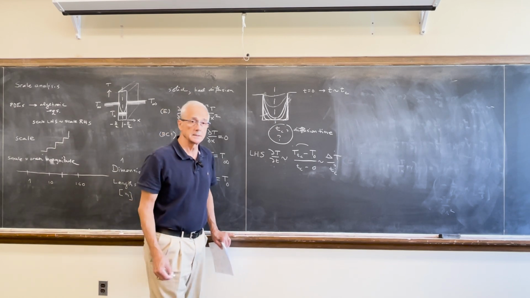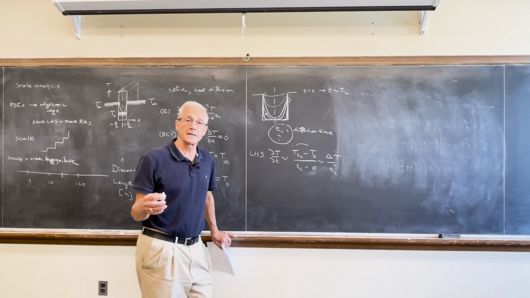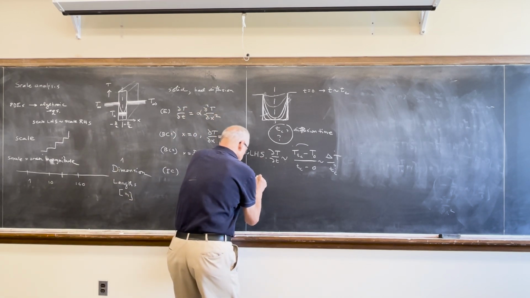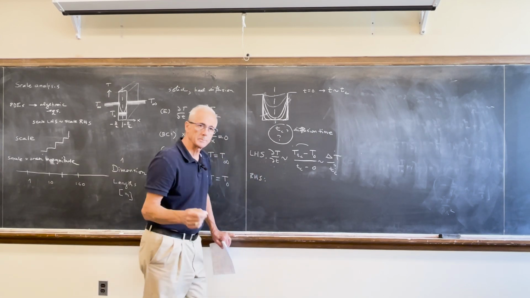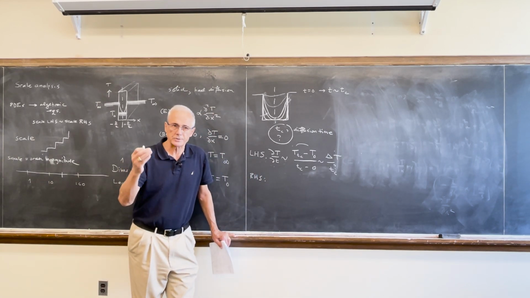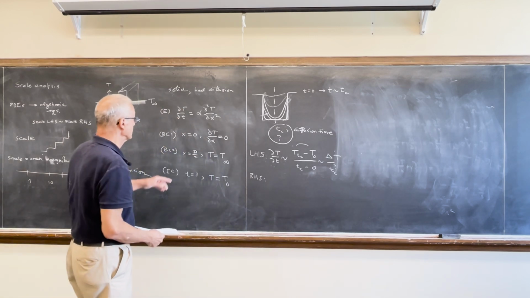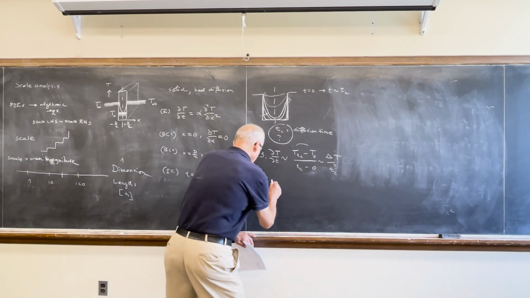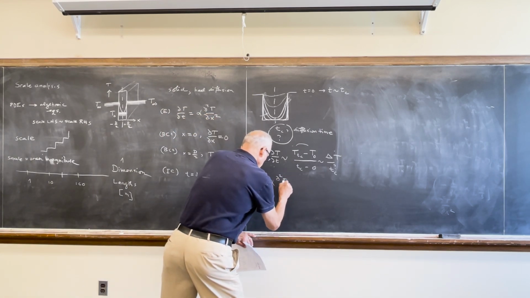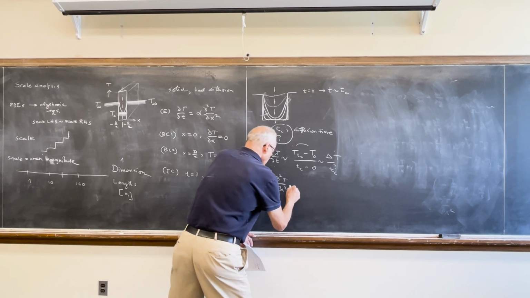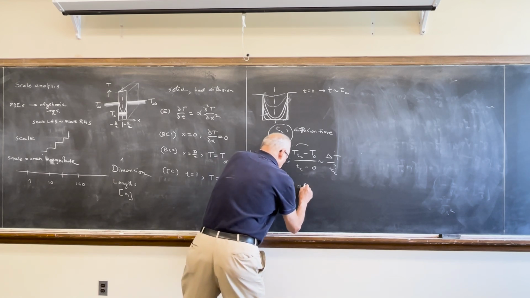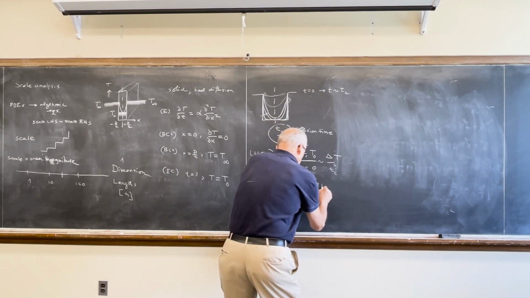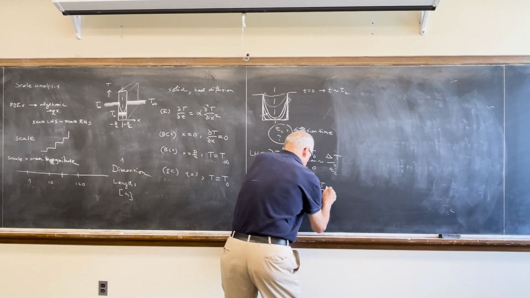For the right-hand side, I behave as if I know nothing except what I did here. So right-hand side, I am behaving religiously. I just look at the right-hand side and I do this. Here's the right-hand side, alpha d2T dx2, which of course is alpha partial with respect to x of the derivative dT dx.